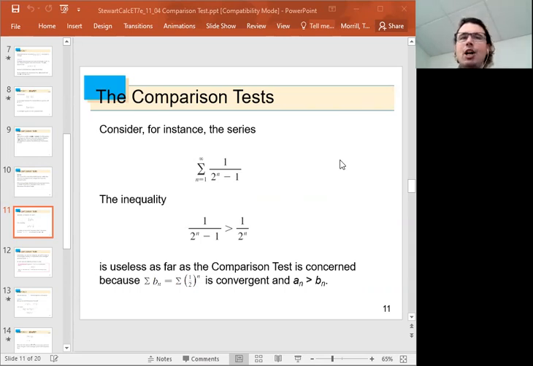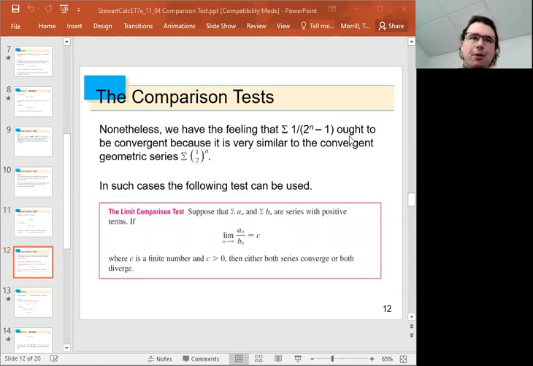But again, knowing that this series is larger than something that converges doesn't help. So what other test, what other kind of comparison can I do? Well, we can also use what's called the limit comparison test.